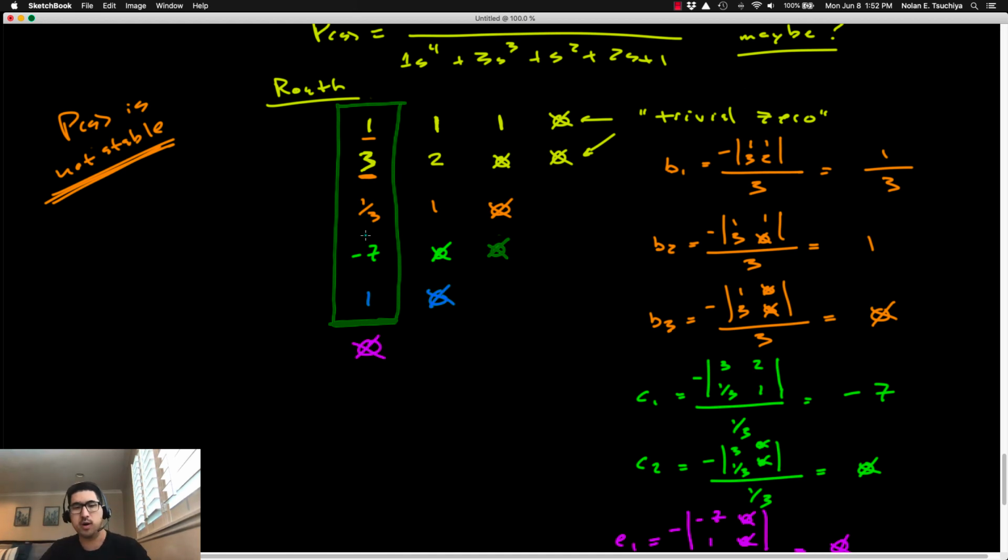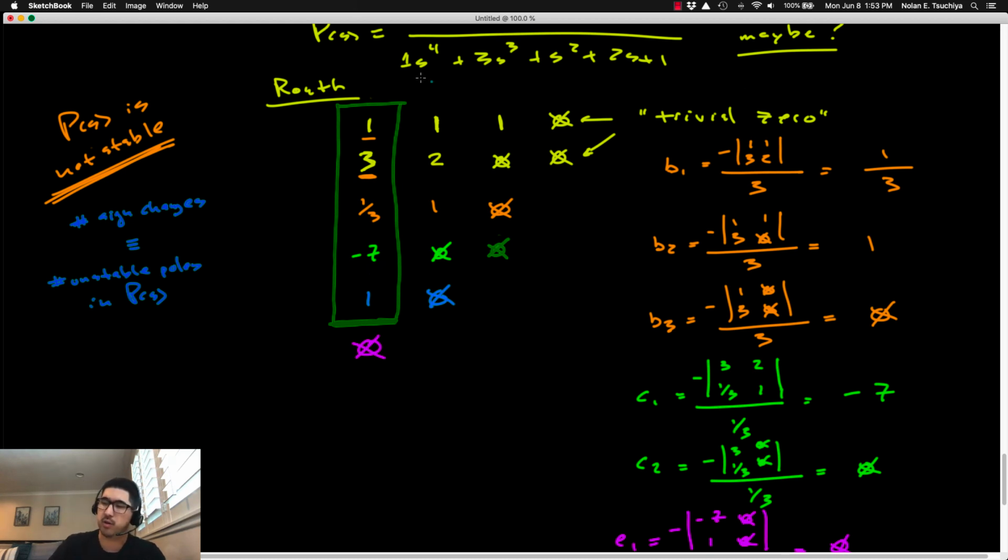However, one additional thing that falls out of the Routh test is determining the number of unstable poles. What I mean by that is, as it turns out, the number of sign changes as you go down the first column of the Routh table is equivalent to the number of unstable poles in P of S. So I know that this system is unstable as soon as I hit that negative 7.